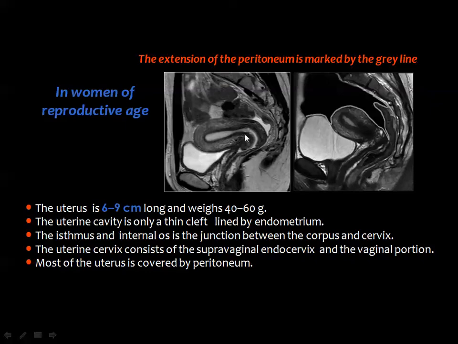Then you see this dark band, which is known as the junctional zone, and you see the gray muscles of the uterine body, which will appear of intermediate signal in the T2 weighted image.